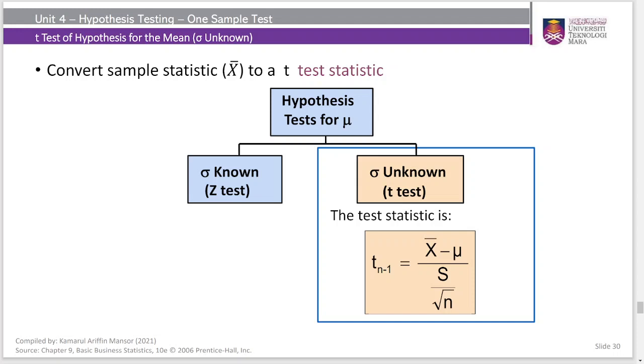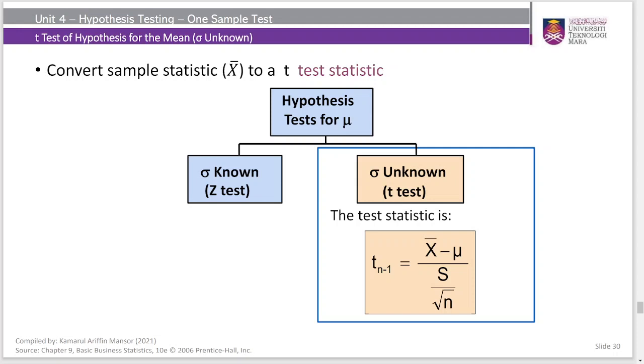For this time, we're going to look at the continuation of what we have left before, in such a case that we have sigma unknown, or the population standard deviation is unknown. So you don't know what the population standard deviation is. That means in this situation, you have to estimate the standard deviation from the sample.